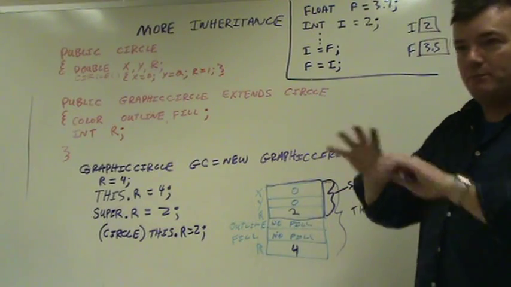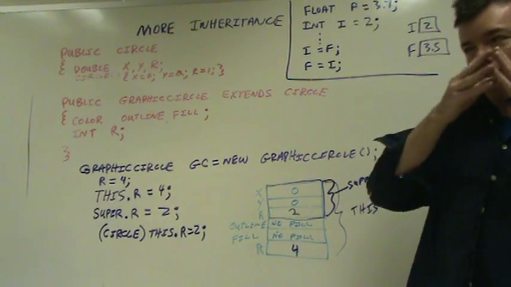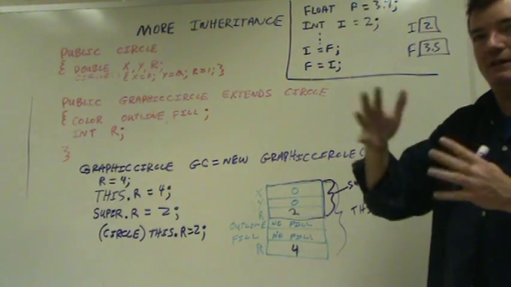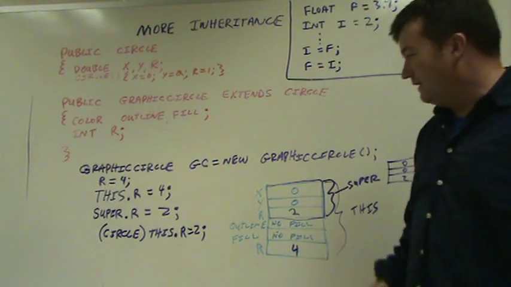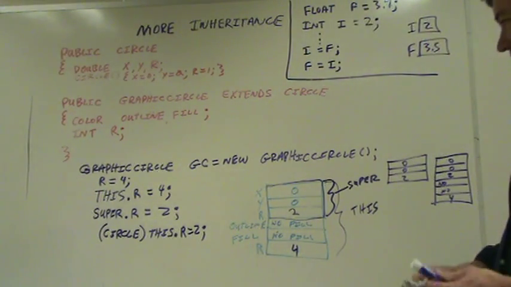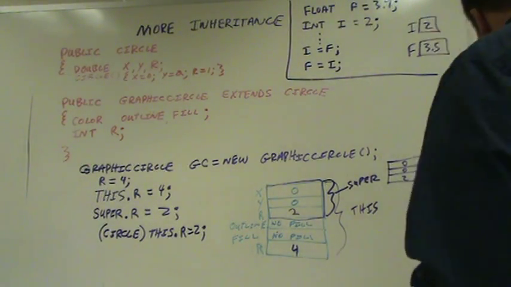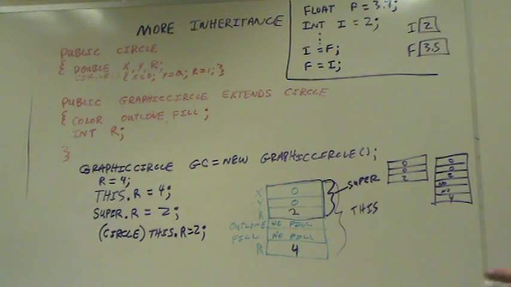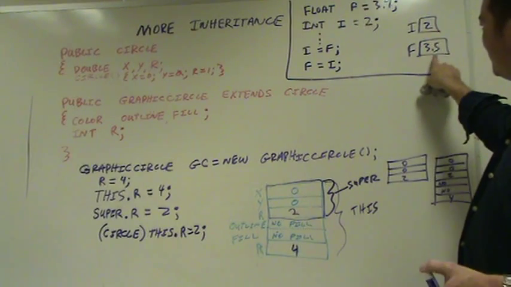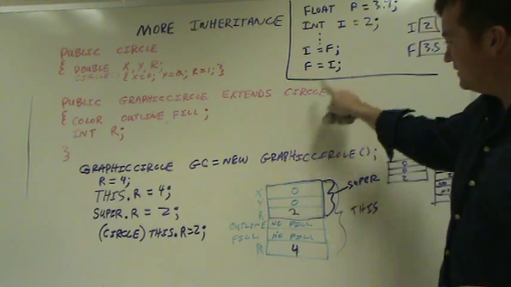Maybe we have many different types of circles, but we can have an array of circle references and they can refer to all the different types, and then we could later convert them back. So that's a pretty powerful type conversion that's allowed. So the answer is that you can do that. You can extend them.